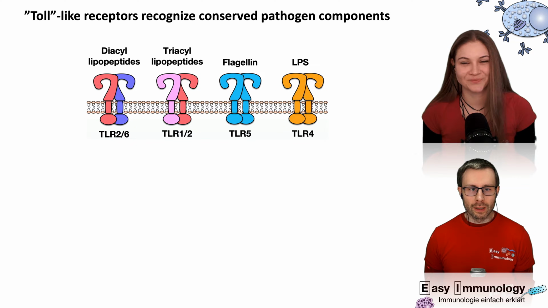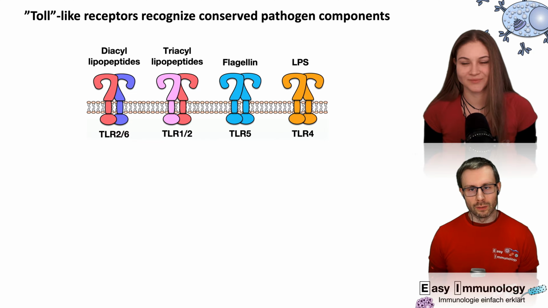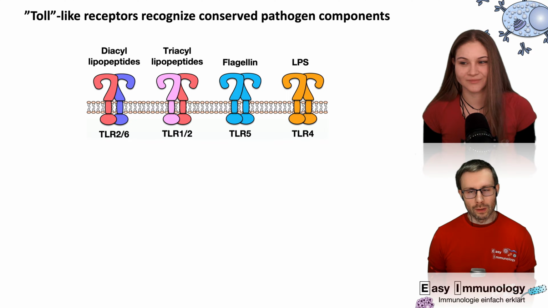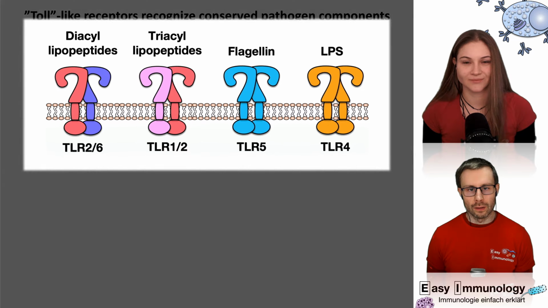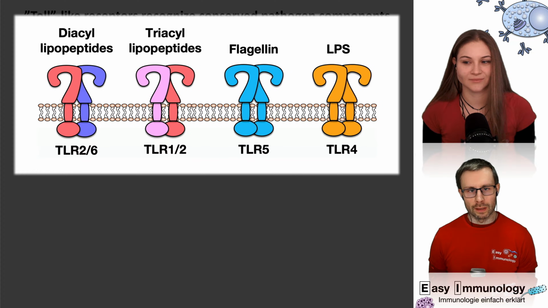And these Toll-like receptors can be distinguished into two different classes, if you want to call it like this. The ones that are outside the cell are, for example, Toll-like receptor 5, which recognizes flagellin, which is the component of the bacterial flagellum, or Toll-like receptor 4, which recognizes lipopolysaccharide, which is a component of the outer shell of some bacteria, or some Toll-like receptors that recognize lipopeptides.